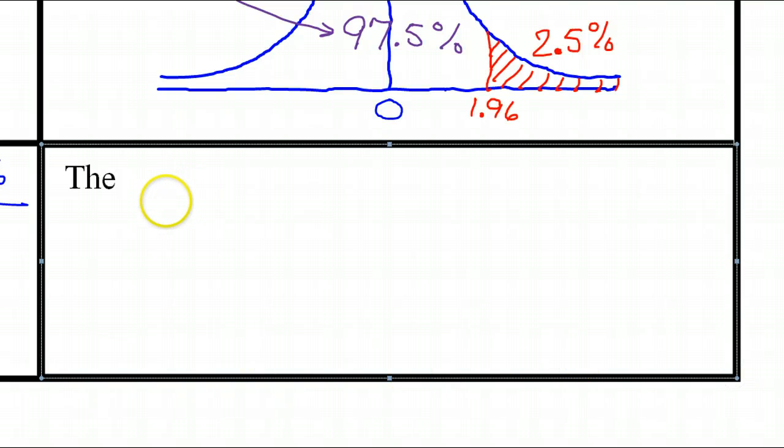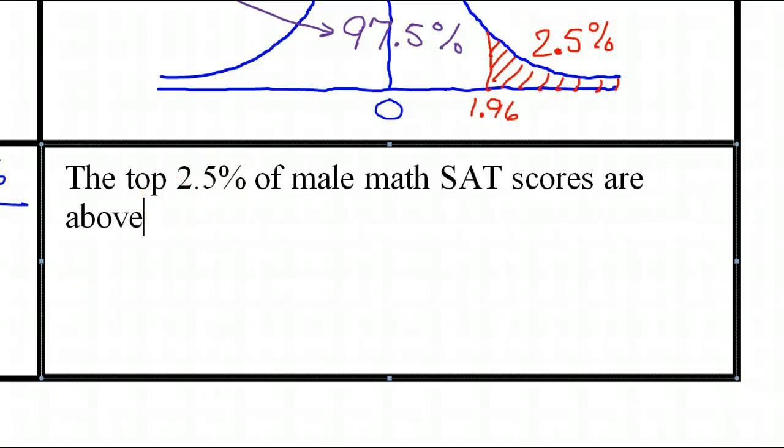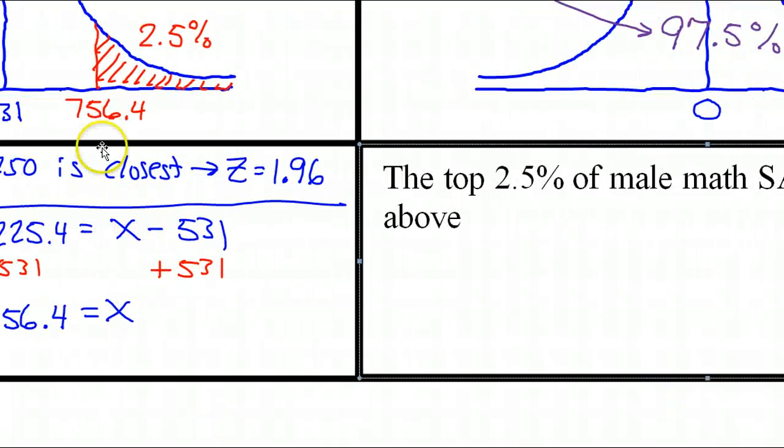And I will say the top 2.5% of male math SAT scores are above, and let's see, they're above 756.4.